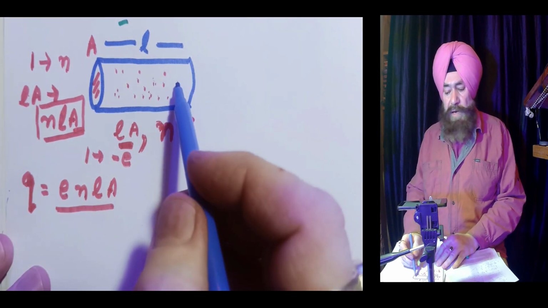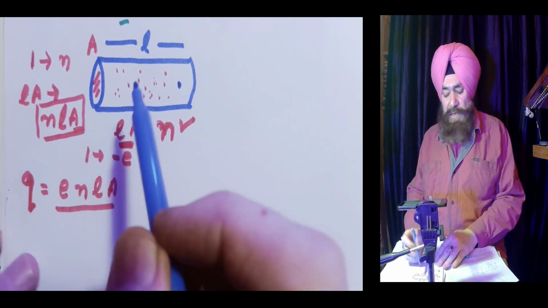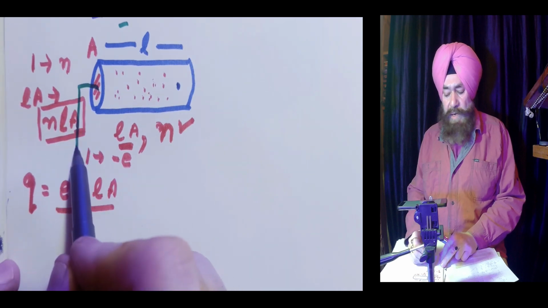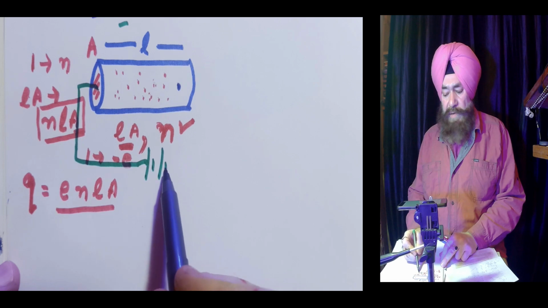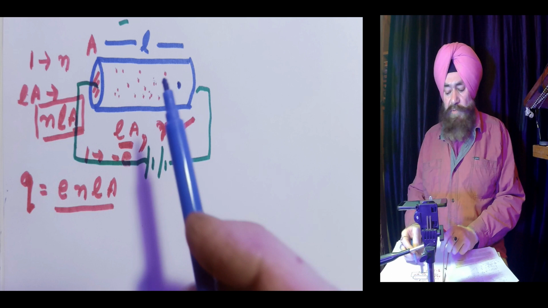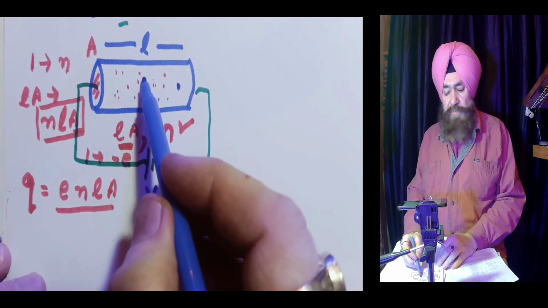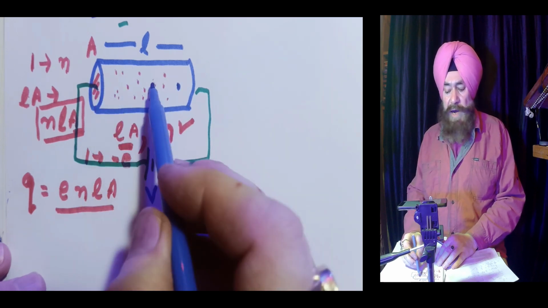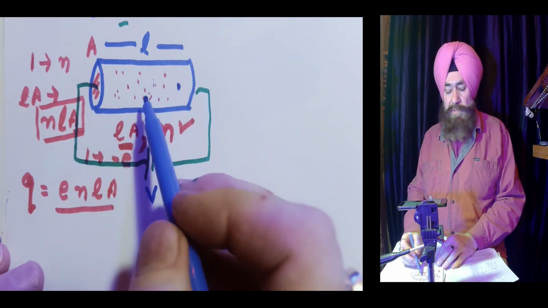Now, you know very well, if you apply some potential here, positive, negative, what happens? Before applying this potential V, the electrons were moving in random directions. Some were moving along this side, some along this side, some up, some down.